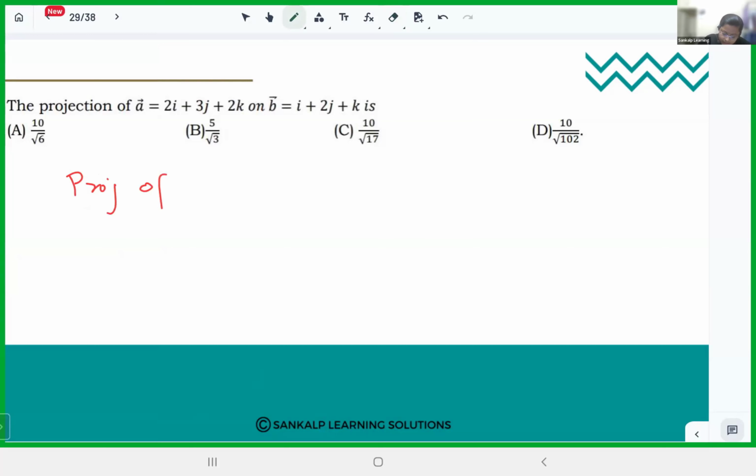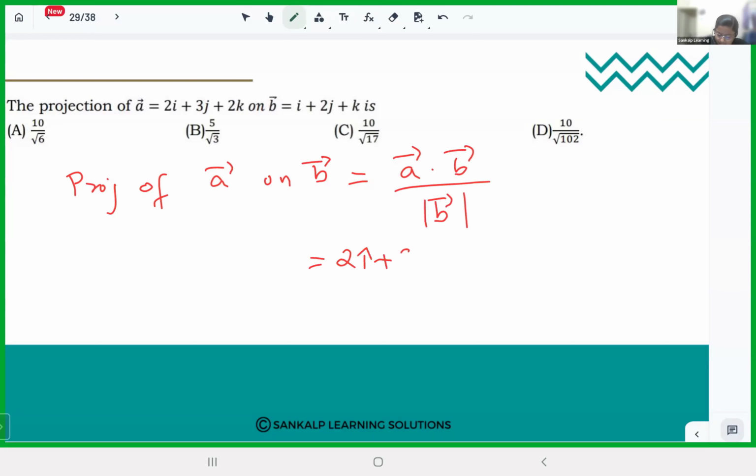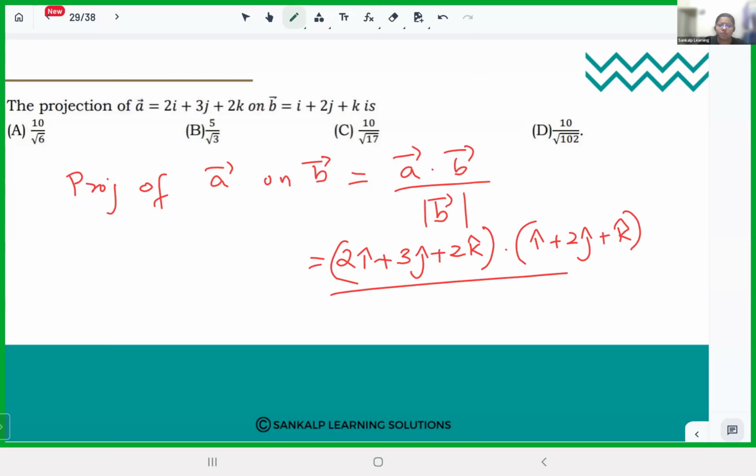vector A on B? The projection of vector A on B is equal to vector A dot B divided by magnitude of vector B. So this is equal to (2i plus 3j plus 2k) dot (i plus 2j plus k), divided by the magnitude of B. What is the magnitude of B?